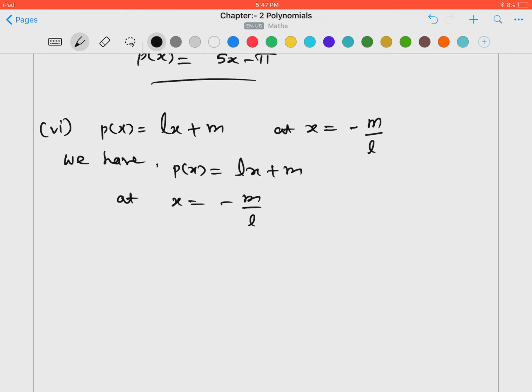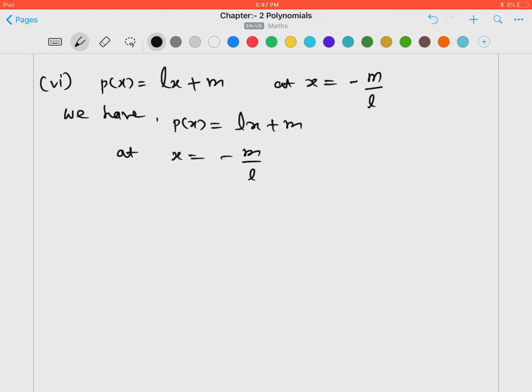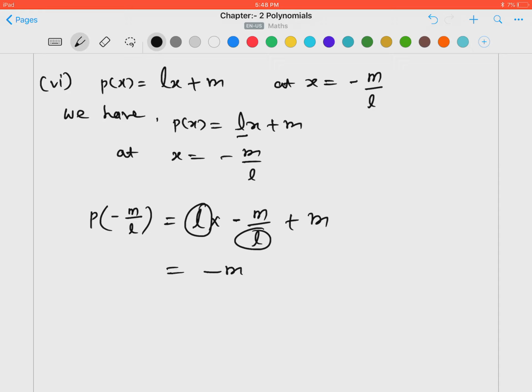So p of minus m divided by l equals l times minus m by l plus m. Now as these two are in multiplication, this l will be cancelled by this l, so we will remain with minus m plus m. Minus m plus m equals 0. So the result is 0.